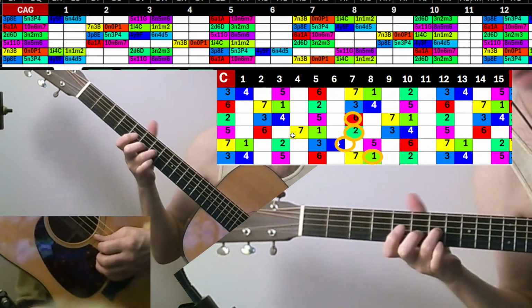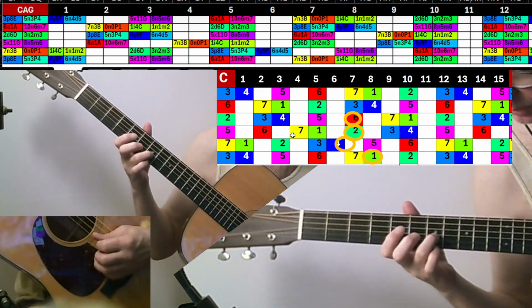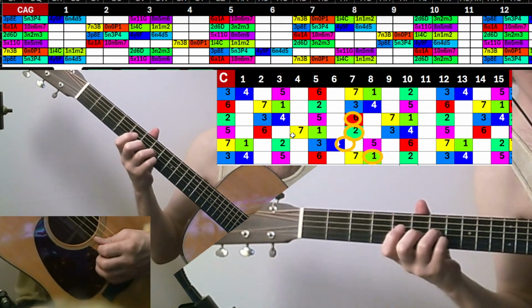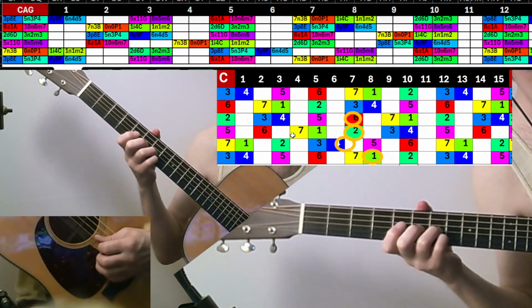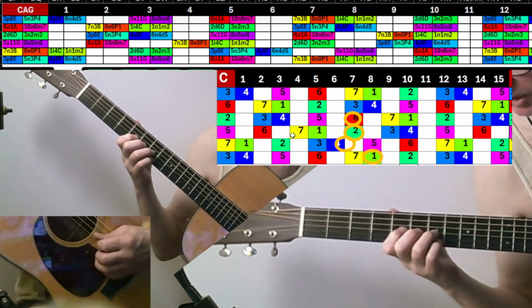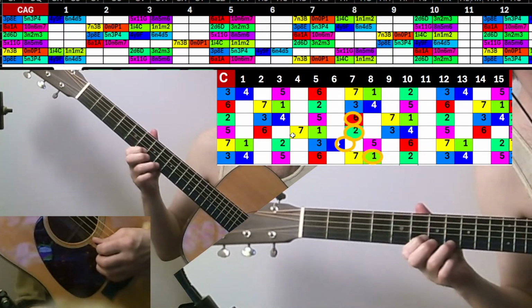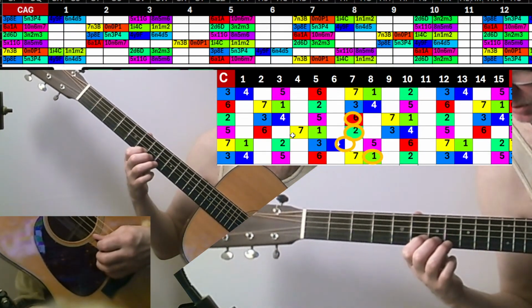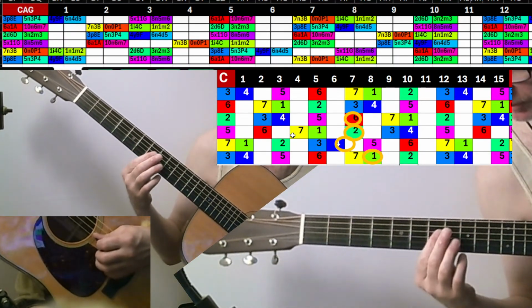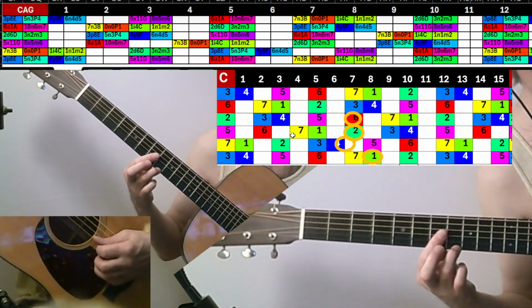I keep wanting to put my ring finger there, but I can't really do it that way because that's going to be this shape where I'm going. So I have this triad right here.